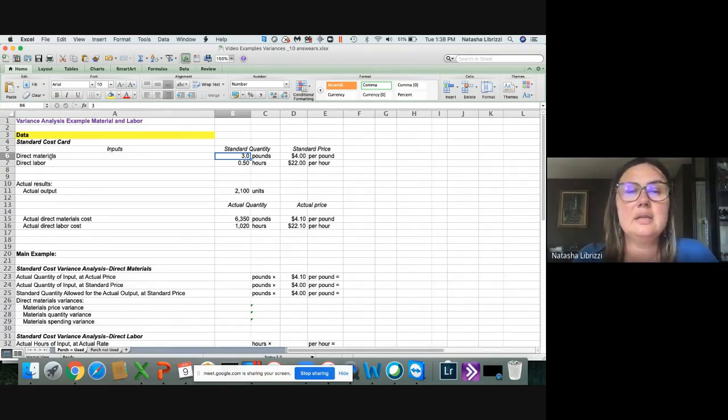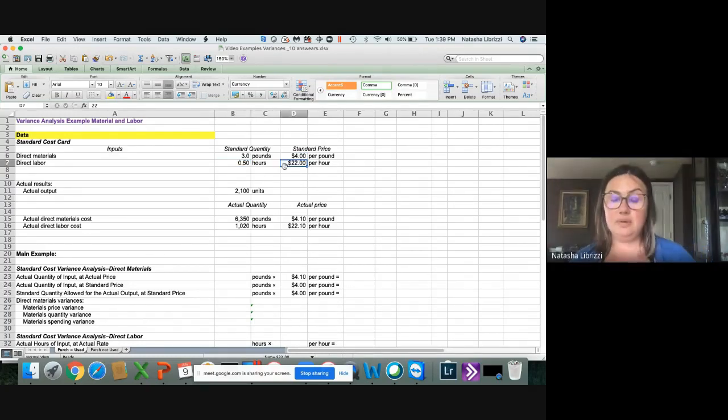Okay, so let's say I needed 3 pounds of metal. There's all this stuff the bikes are made of right now. Some are very expensive. So 3 pounds, and then a standard price, that would not be a price of metal. Okay, maybe that's not the best example. $4 per pound. And then direct labor, it takes about half an hour, right? And we're paying $20 per hour.